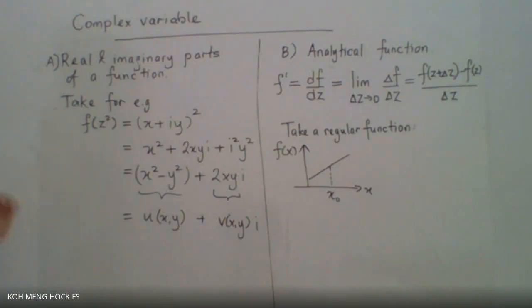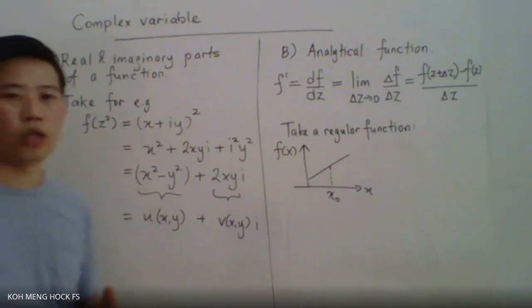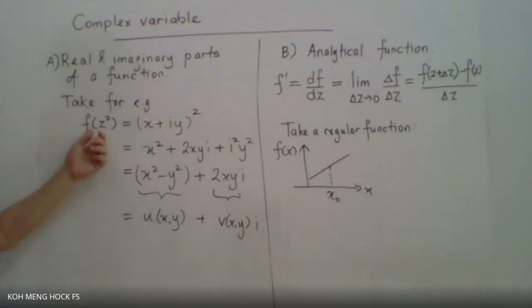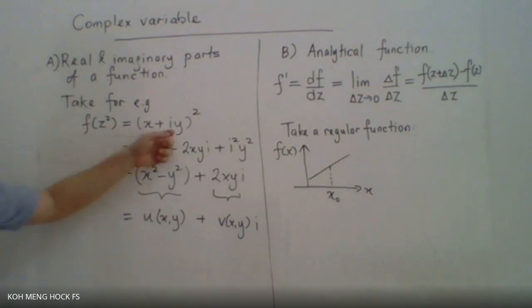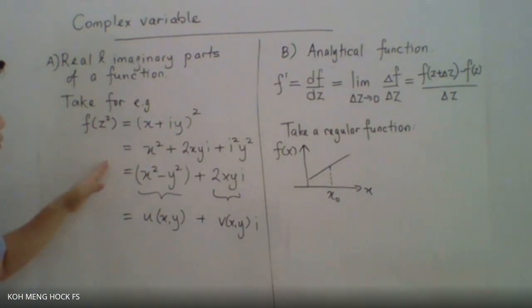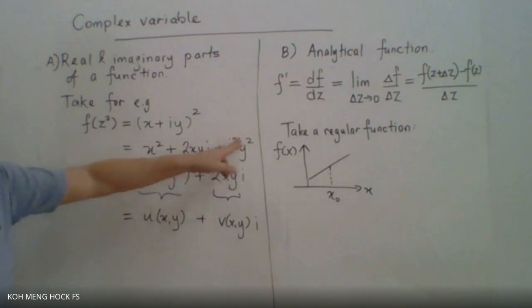Let's take, for example, a function that depends on z squared. This is a function that depends on the complex number, so this is a complex function. Now z squared, if we expand z in rectangular form, that is x plus iy, you have the square, and you just have to expand it: x squared plus 2xyi plus i squared y squared.